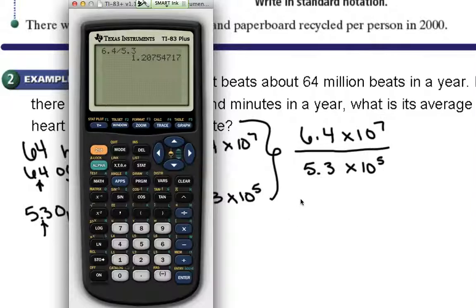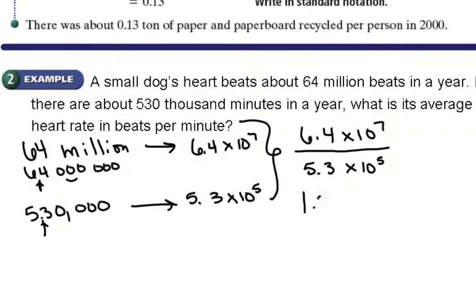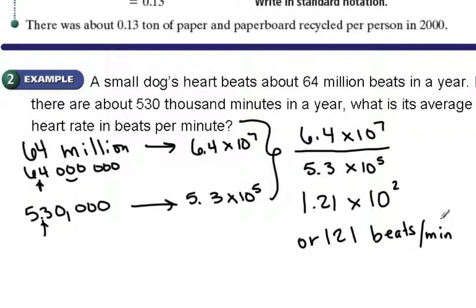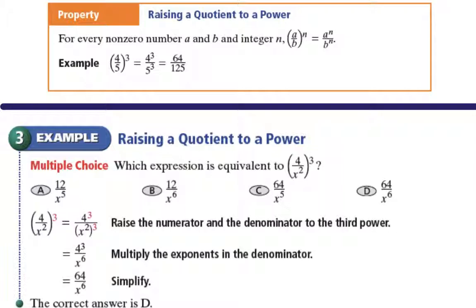So I'm going to write down the 1.21 times, we keep the base. 7 minus 5 is 2. So we have 1.21 times 10 to the second, or you can move that 2 places and you have 121 beats per minute. Awesome. Is that a reasonable number? You bet. All right, example 3.